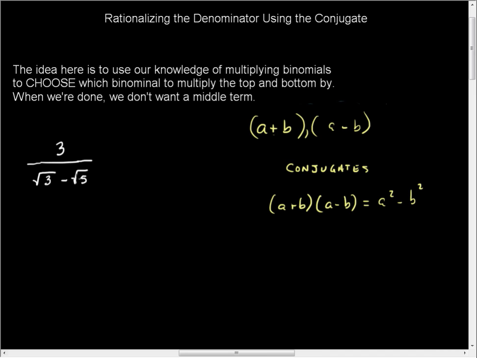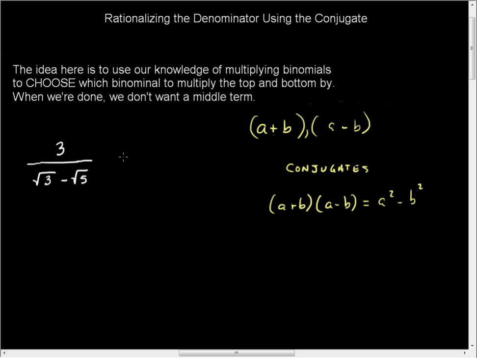You cannot simply square the bottom. The effect of squaring the bottom is the first attempt that we made over here, where we had root 3 minus root 5 times root 3 minus root 5. It didn't work. You can't do it that way. If you're still struggling with that, you cannot distribute exponents over addition or subtraction. It doesn't work that way.